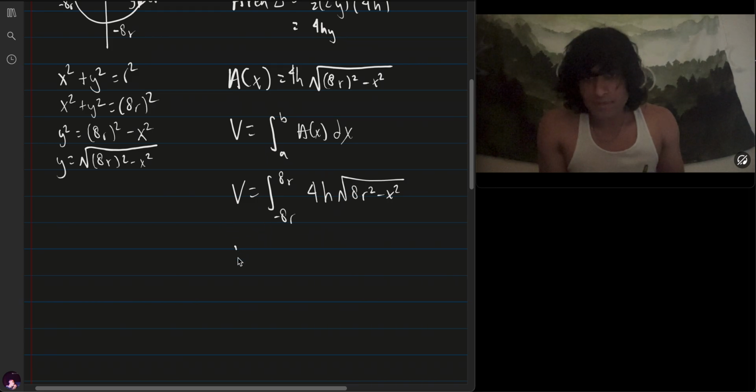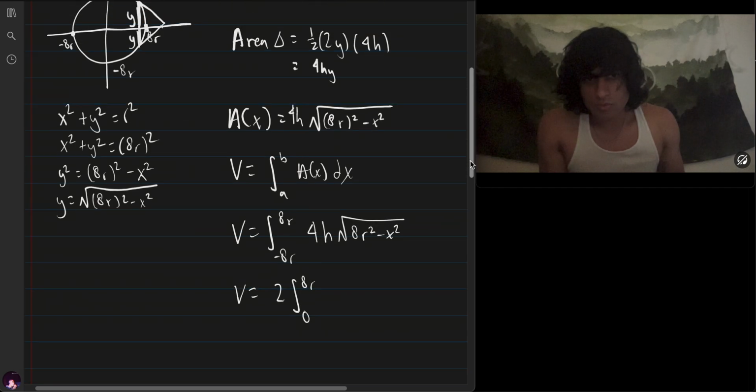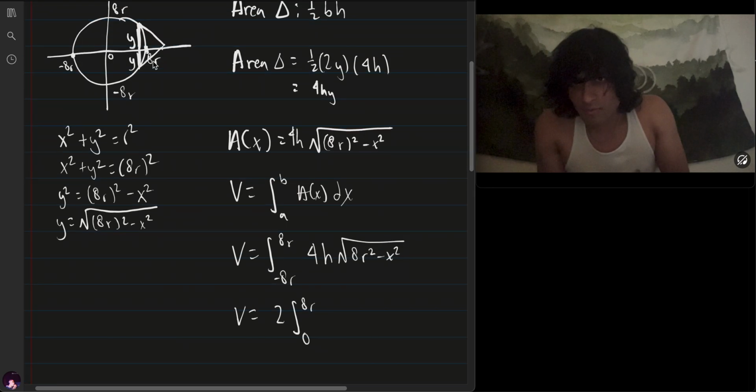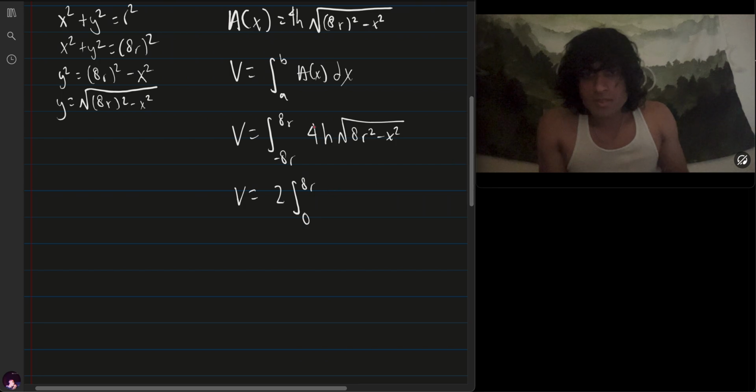Let me show you. So then volume is going to equal 2 times the integral, and we make our bounds from 0 to 8r, which means that now our bounds are from here to here. Highlight in red. Cool. 0 to 8r, 4h times the square root of 8r squared minus x squared.